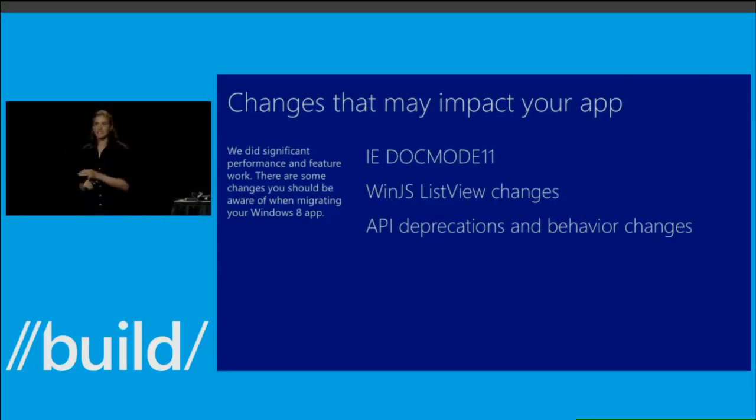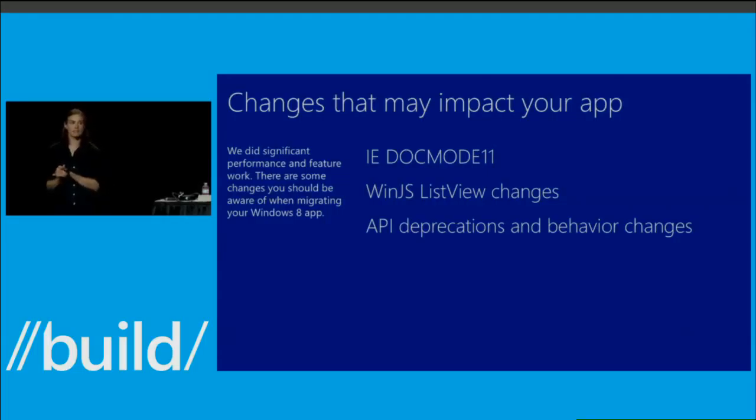If you're running an HTML application, or if you have a web view within your XAML application, your HTML content used to be running on IE 10 in Windows 8. In Windows 8.1, it's now running on IE 11. And it's tied to IE 11 document mode.